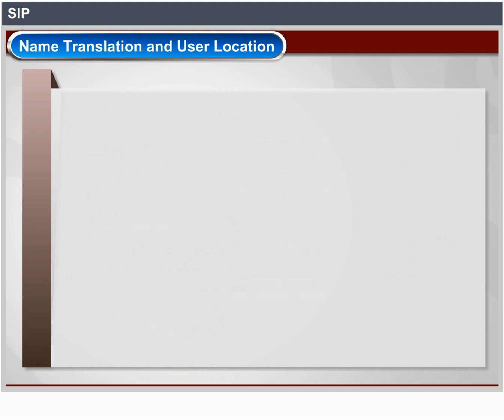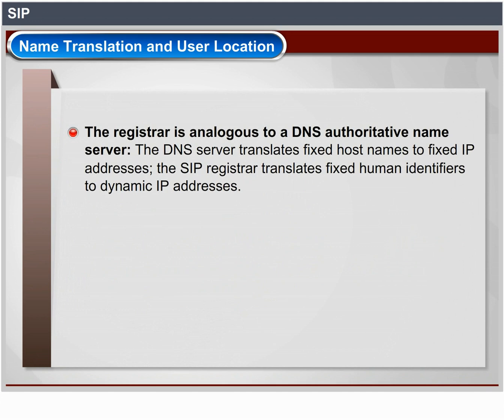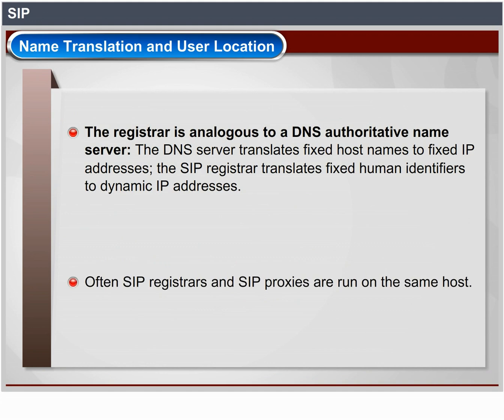The registrar is analogous to a DNS authoritative name server. The DNS server translates fixed host names to fixed IP addresses. The SIP registrar translates fixed human identifiers to dynamic IP addresses. Often, SIP registrars and SIP proxies are run on the same host.